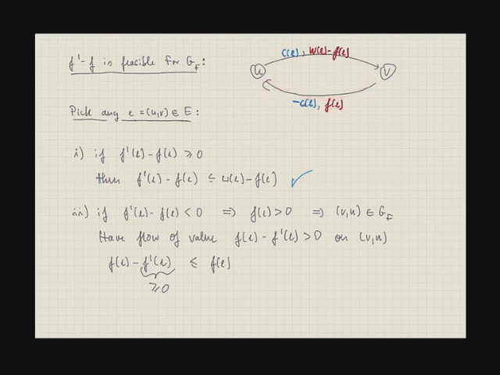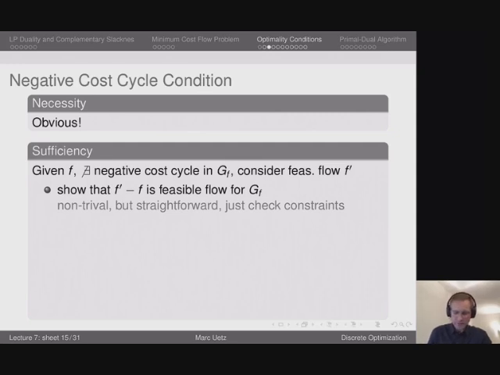So there's the residual capacity. So also here we are fine, and we are respecting the residual capacity, and that's it. So indeed, this difference flow is feasible in the corresponding residual graph for f.